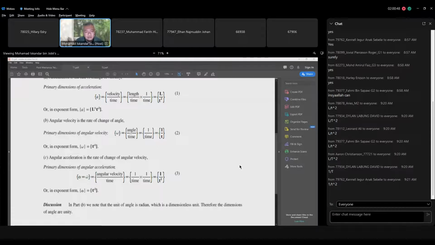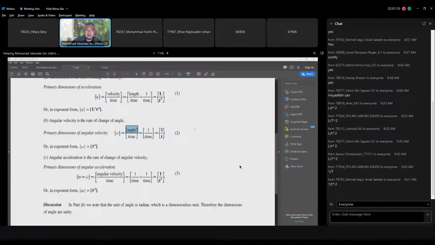Now, tell me, is angle one of the primary dimensions, fellas? No? Okay. You sure? Angle is not part of the primary dimensions.